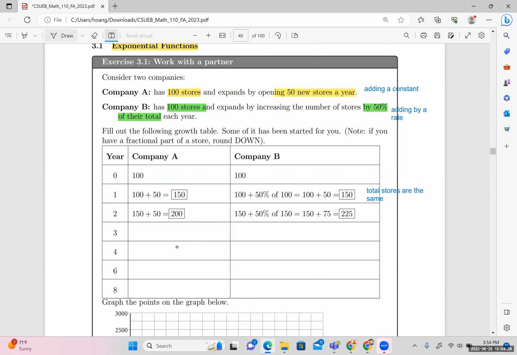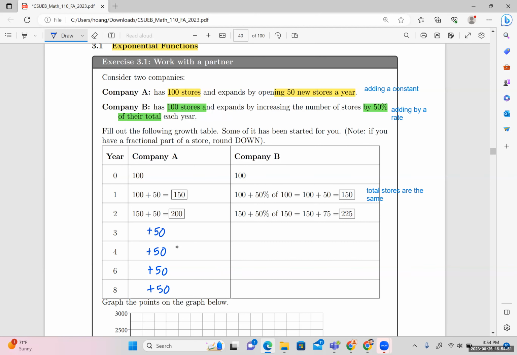As you remember, like in linear, we can just keep adding 50 to the next year, right? Keep adding 50. We keep doing that. So this is a linear function.